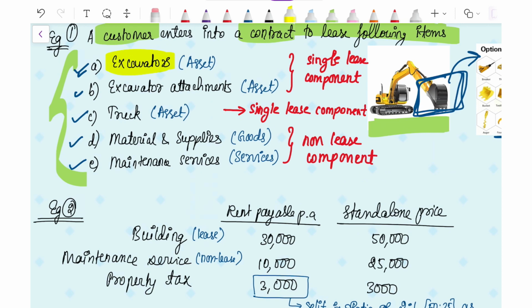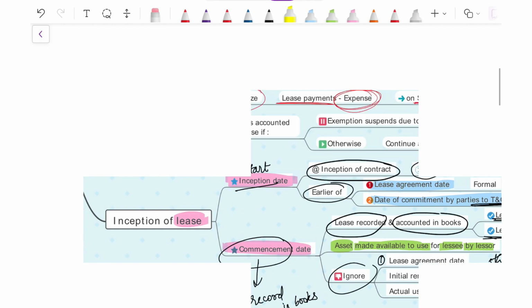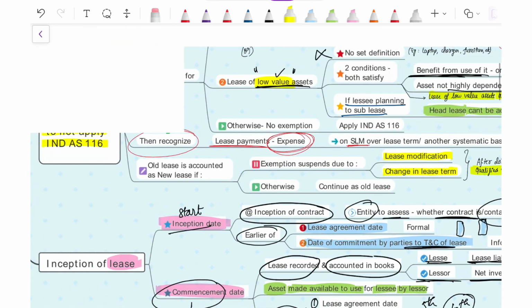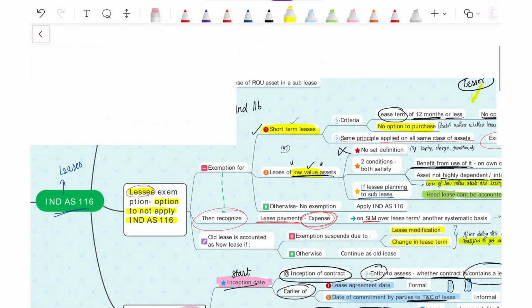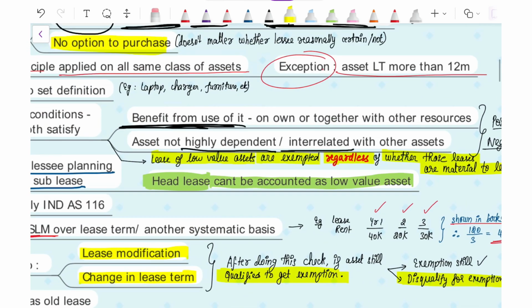What kind of components are included in a lease? A lease also means that there must be an asset in it. So first, the excavator is fulfilling that condition. Second, there were two more conditions which it had to fulfill. As we read above, you must get a benefit from the use of it.